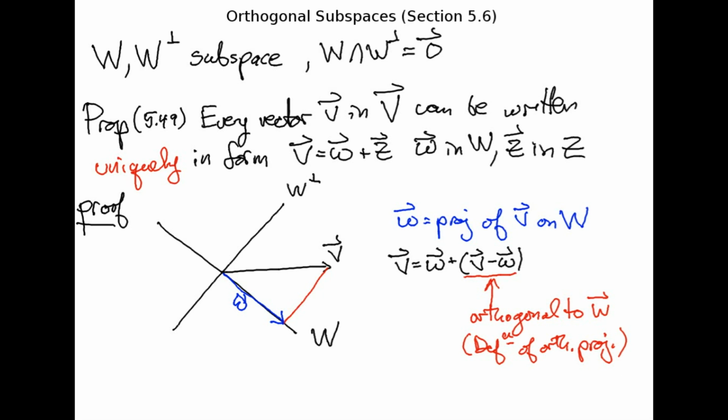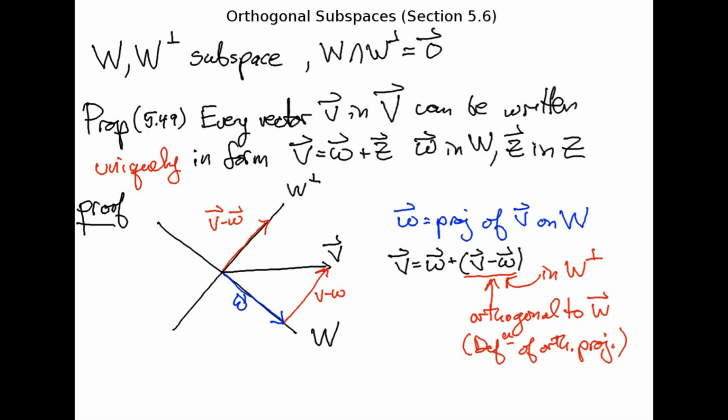And that is to say this vector here, which is V minus W, you can really think of it as being over here, V minus W. And that is to say, obviously, V minus W is in W perp.